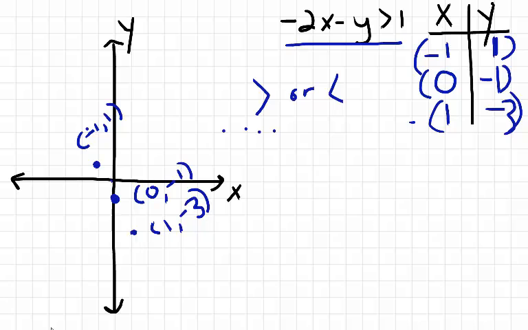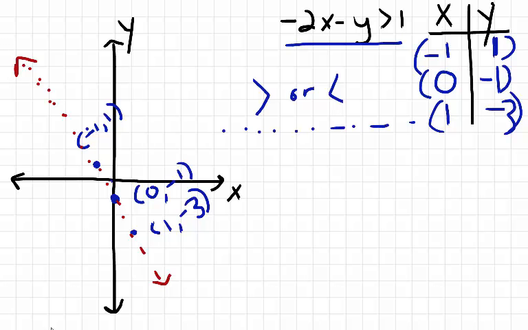We're plotting a dotted line. So that's what we'll do here. Rather than a solid line, we'll have a dotted or kind of a dashed line here. And there it is.